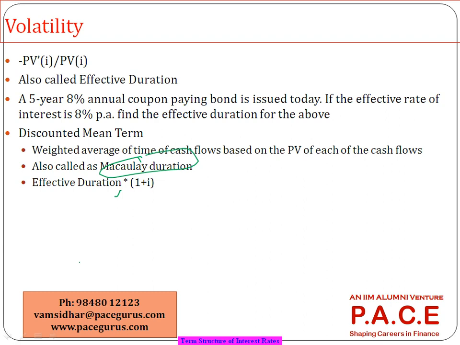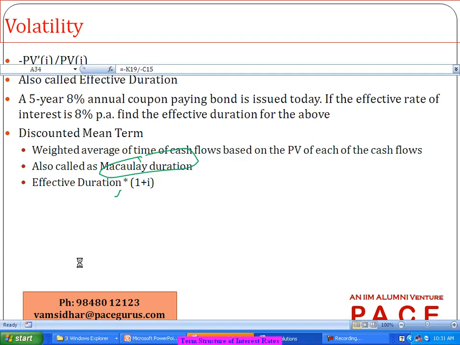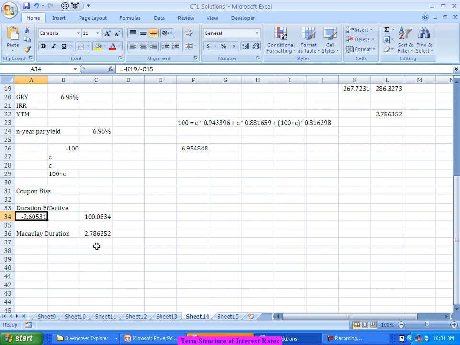All right. And the simple way to link these two things is, you multiply the effective duration with 1 plus I, you will get the Macaulay duration. So let's try out: effective duration multiplied by 1 plus I, or the gross redemption yield, should be equivalent to the Macaulay duration itself.